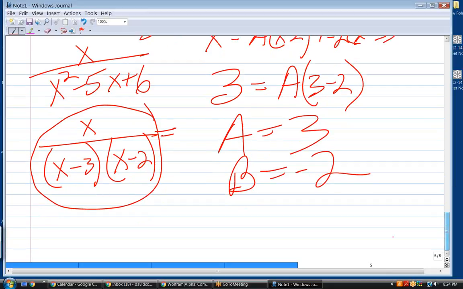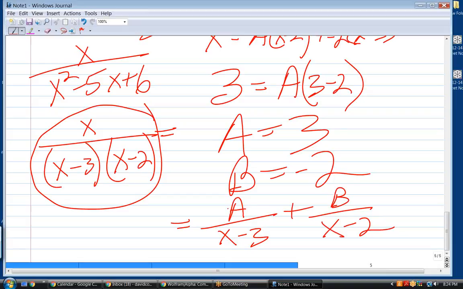Now we know our answer. This thing, remember, it had to be equal to a over x minus 3 plus b over x minus 2. Well, a is 3, b is minus 2.